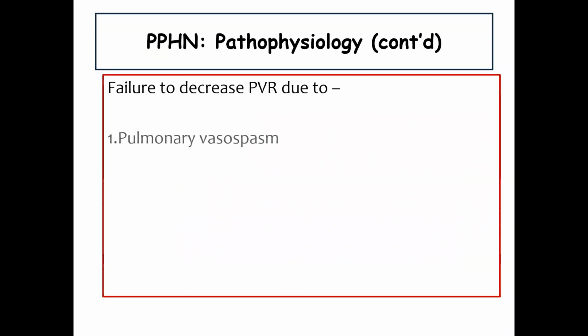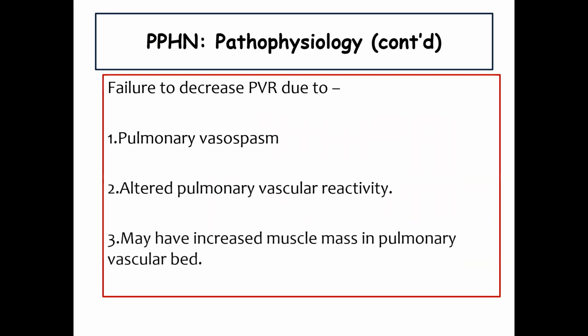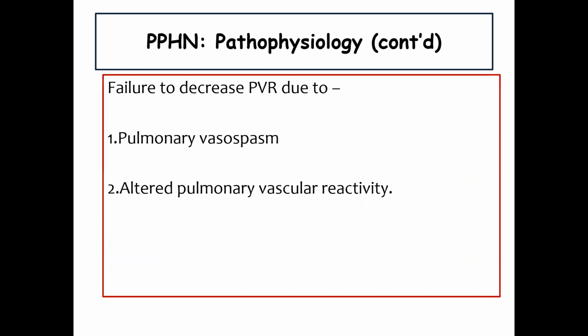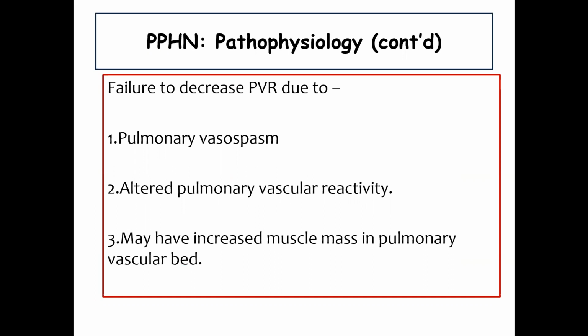Now, these changes fail to happen in some cases, due to one of these mechanisms. One is the presence of pulmonary vasospasm. The pulmonary vessels can remain constricted post-birth because of hypoxia, because of acidosis, because of the presence of elevated levels of inflammatory cytokines.